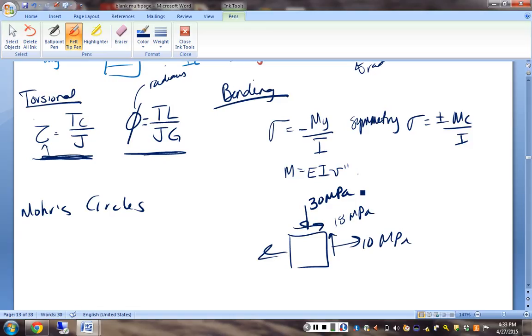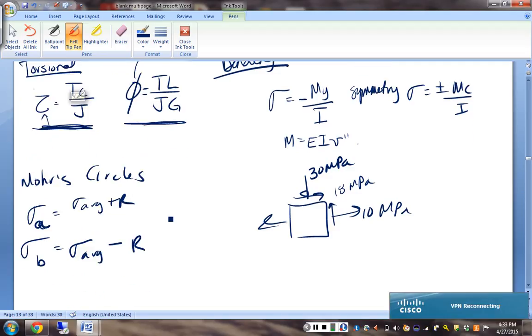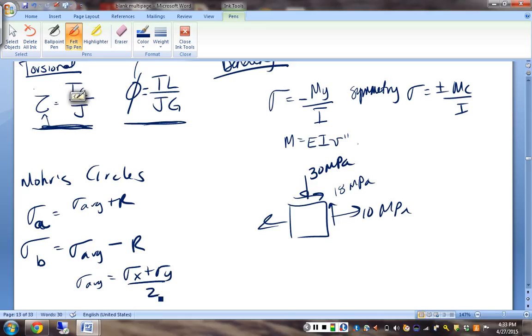If I say find the principal stresses, you know what to do with that. Or if I say draw Mohr's circle, you know what to do with that. So what do you do with that? You know that the principal stresses, sigma A, is sigma average plus the radius, sigma B is sigma average minus the radius. What is sigma average? Well, it's the average: sigma x plus sigma y over 2.